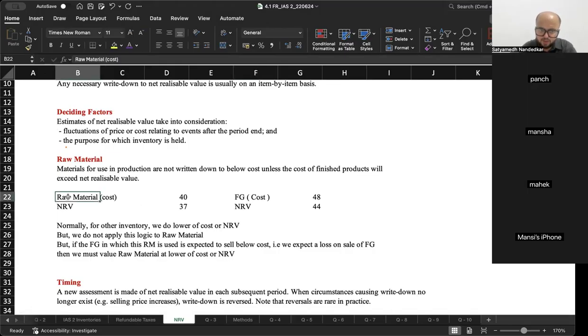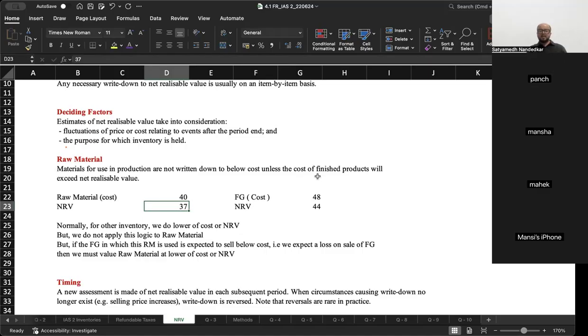Say, for example, there is raw material which was purchased for 40 and the NRV of the raw material is 37. Usually, the rule for inventory valuation says inventory should be valued at lower of cost or net realizable value. Here, the net realizable value is 37,000.